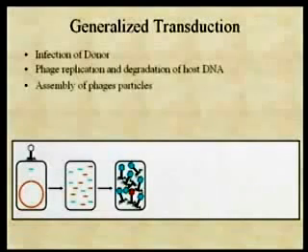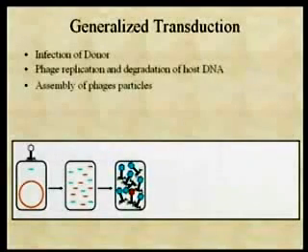They package DNA by what is referred to as a head-full packaging mechanism. They just stuff DNA into the head until the head is full, and they don't care what DNA it is. Well, in this cell, you've got pieces of donor DNA. So every once in a while, some of the phage particles actually get packaged with donor DNA. Here we have a phage particle that has picked up a piece of donor DNA.